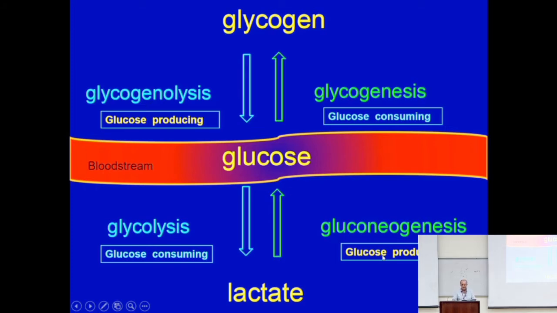Both of these will contribute to restoring blood glucose to its normal levels. So again, when does the body need to produce glucose? Typically when you're in a fasting state. And fasting simply means about 5 hours without a meal. So this is important in the big picture.